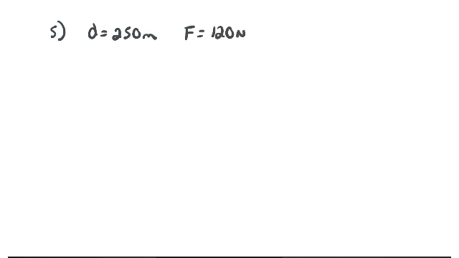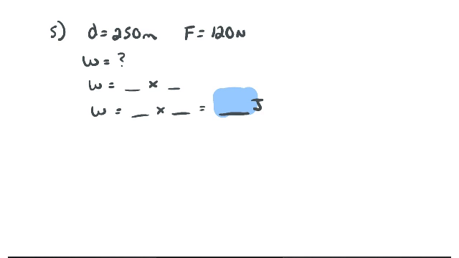It says, how much work is done? So you have to find that formula for work, plug it in, and then substitute in your variables to get what your answer would be for this. You've got to plug in your missing information there. That's for part A.